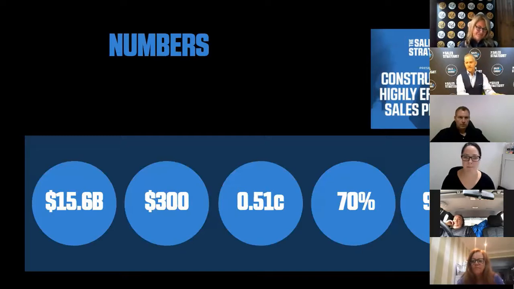But on top of the 15.6 billion, Australian businesses on average spend $300 more per day generating leads on social media, LinkedIn, TikTok, Instagram, Facebook. So lead generation machines. But guess how much Australian businesses spend on converting those leads into gold once you've got them? It says it there, 51 cents a day.